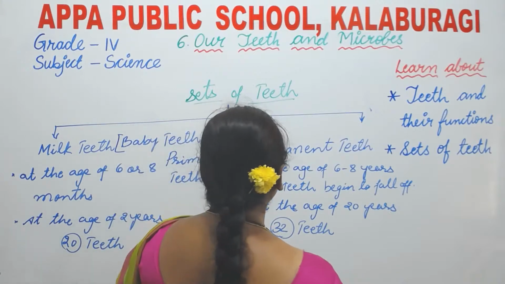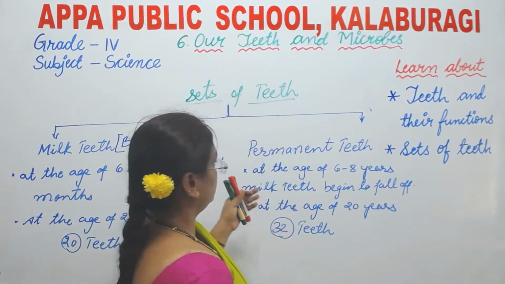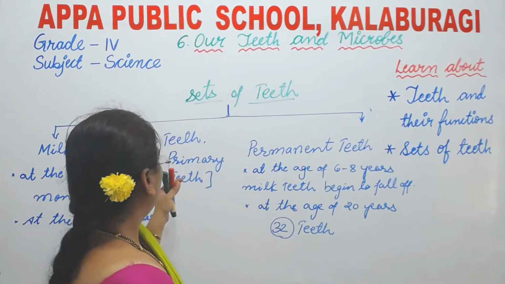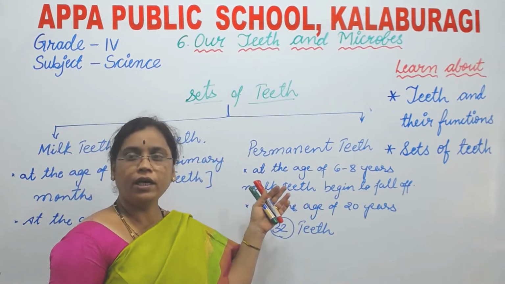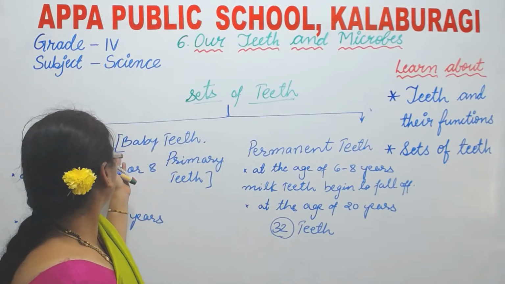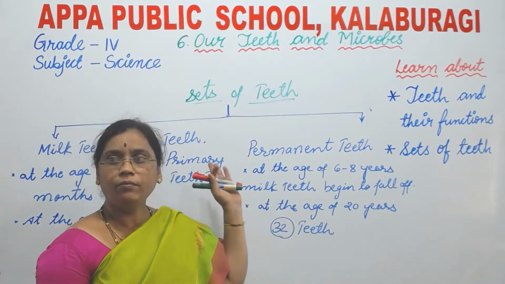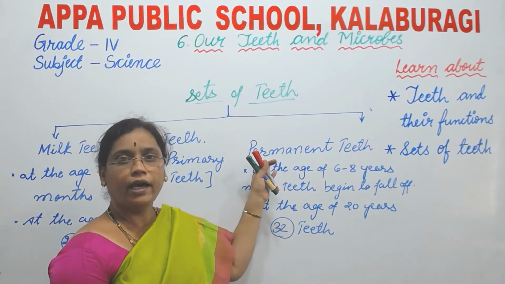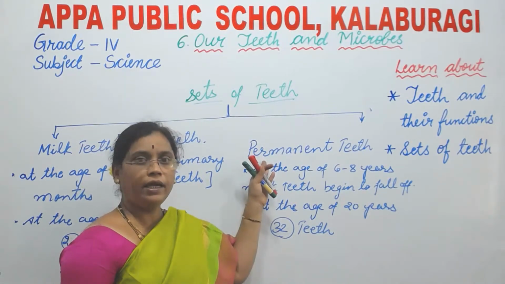So here, the permanent teeth we are getting for the second time. As we know, the milk teeth we get for the first time, and the permanent teeth we get for the second time.